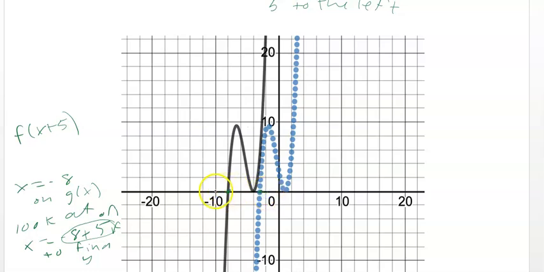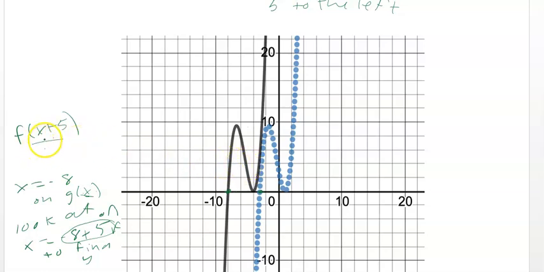So each of these points gets moved 5 to the left. You're keeping the same y coordinates, you're just putting them in a different x position. So the x's of g of x are all really 5 less than the x's of f of x. If you look at it from that perspective, x is 5 less than x plus 5.